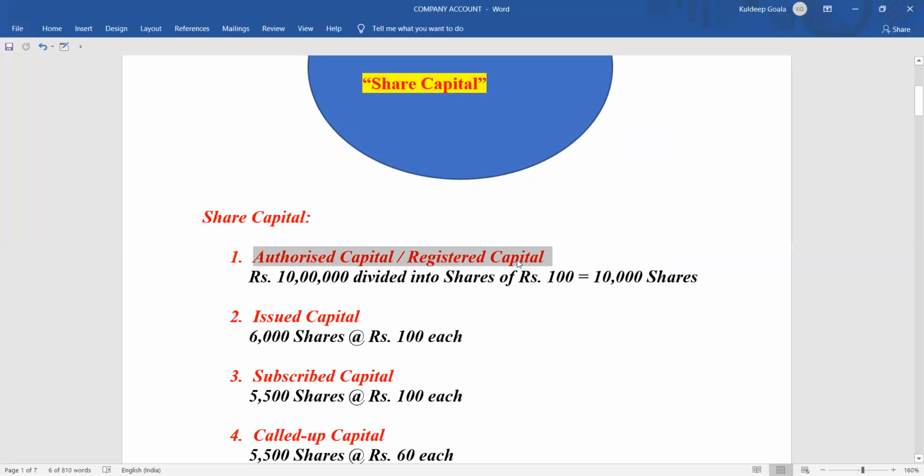Authorized capital or registered capital is that capital of the company with which it has been registered under the Companies Act. रजिस्ट्रेशन करते वक्त अपना कैपिटल कितना रखा गया है उसको बोला जाता है ऑथराइज्ड या फिर रजिस्टर्ड कैपिटल. Okay, just for example, a company has been registered with 10 lakh of rupees, divided into shares of 100 each. That means the company has an authorized capital of 10 lakh and it has been divided into shares of 100.